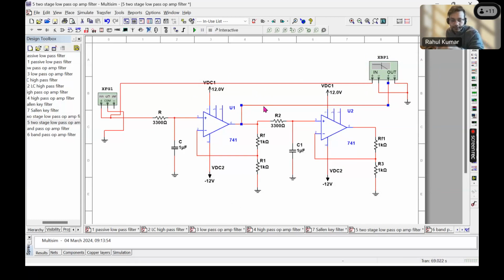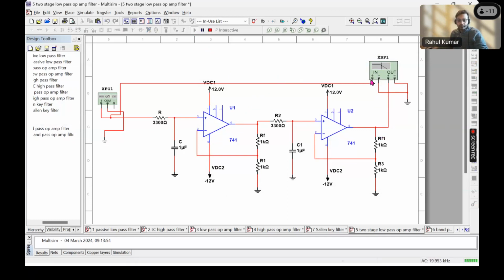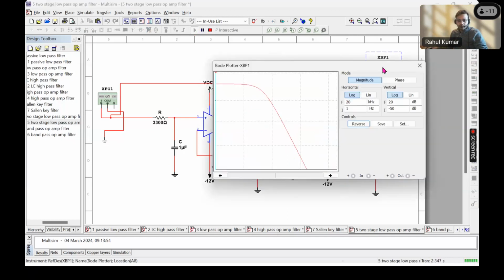Okay. Now let's check if we connect two first order filters or single pole filters together, what will be the slope? So let's check the output now. We are getting a gain of 12 dB. So 12 minus 3 is 9.